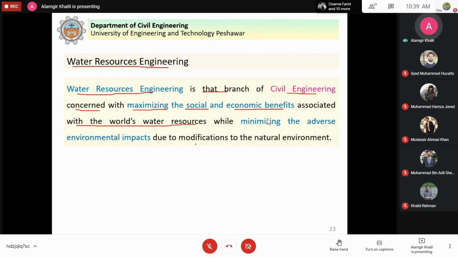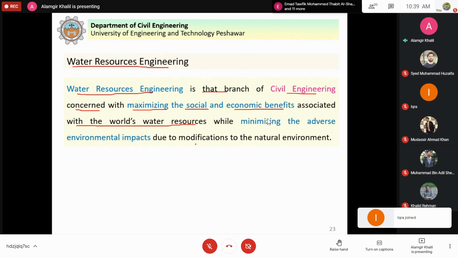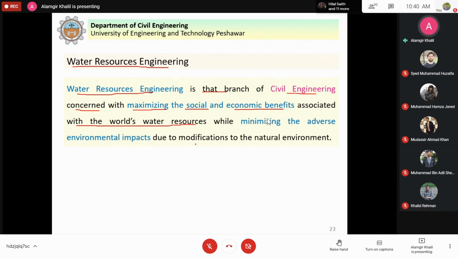You see, it deals with maximizing the social and economic benefits. The social benefits, we are supplying the water to the communities. The economic benefits, we supply the water to agriculture land, food production to feed the population. We export the food items, hydropower production.